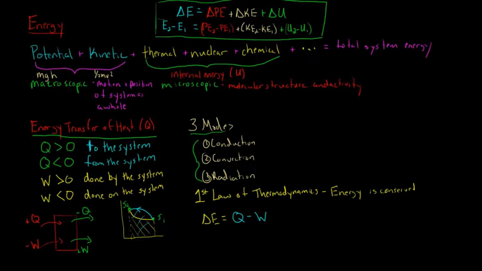Now, we can write this in an alternate form. If we use this equation for energy right here, we're going to have our change in potential energy plus our change in kinetic energy plus our change in internal energy is equal to our heat transfer minus our work.